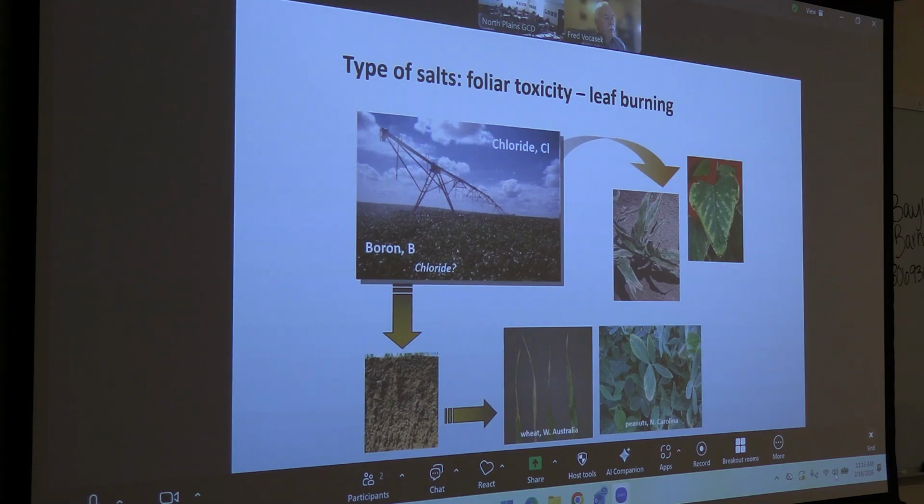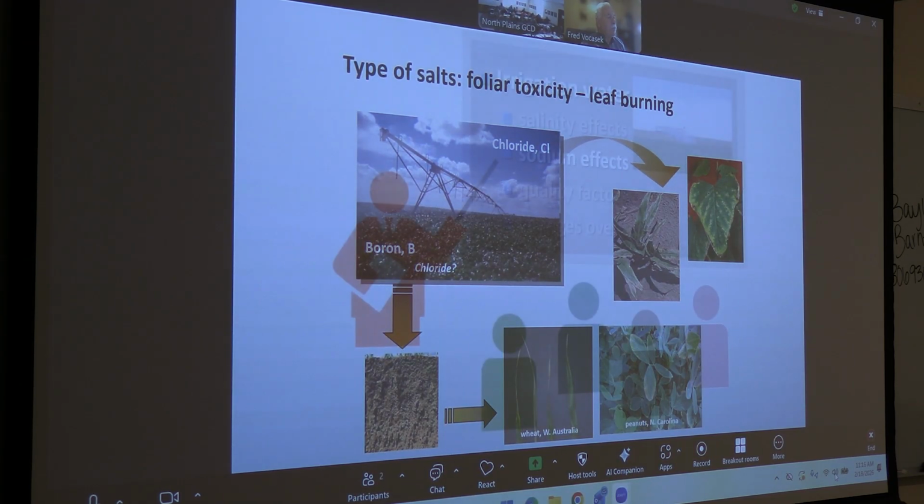The edges of the leaves burn, and we've seen situations where we defoliated soybean and edible bean crops with high chlorides. Now, boron is not so much of a concern. Some areas it is, but it enters into the soil and it's another toxicity. It builds up in the soil to excess levels. We can have toxicity. And again, our irrigation waters carry a certain level of this. It may or may not be critical.